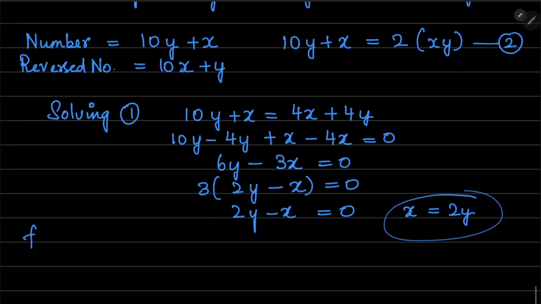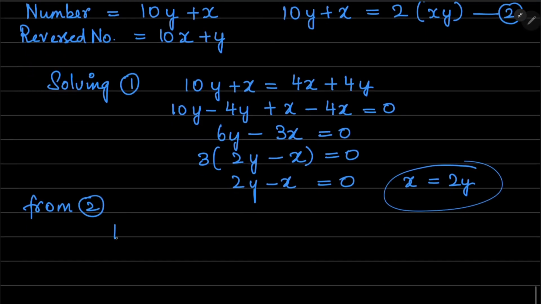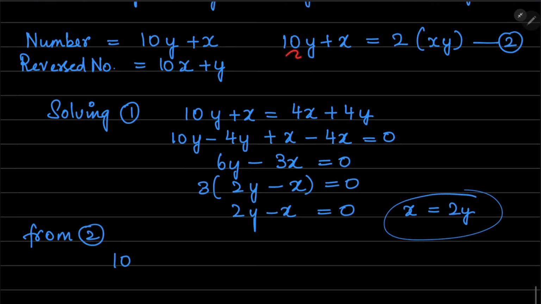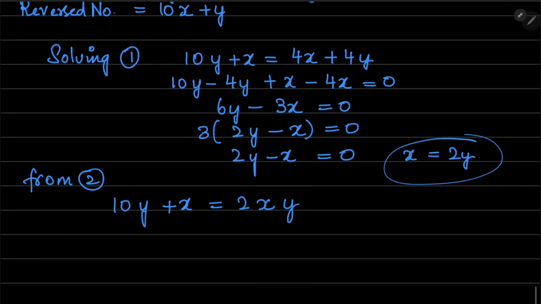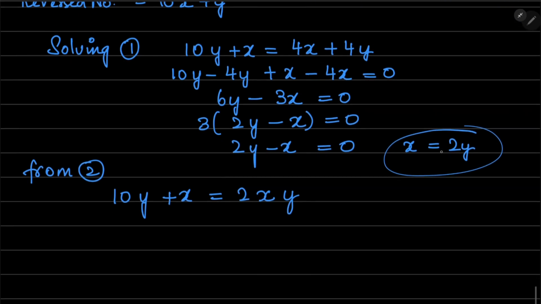From equation 2, what do you get? 10y plus x equals 2xy. In place of x, I will be substituting 2y because that's what I have got.